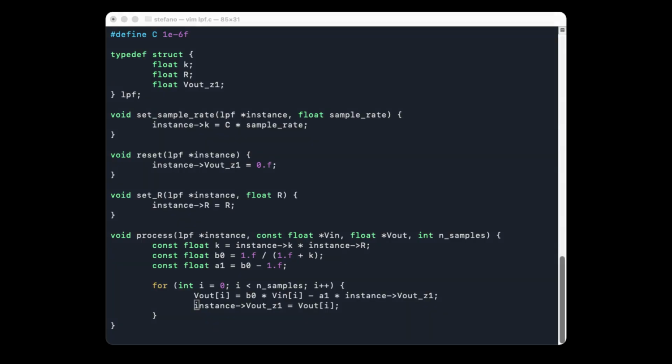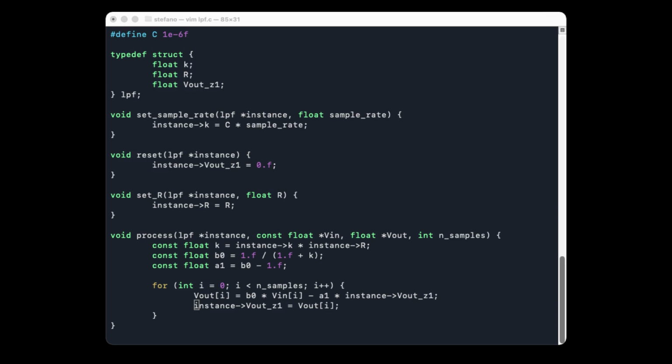And this is what it could look like in actual code. So we have first a definition of the capacitance value C. I have just chosen 1 microfarad, so 10 to the minus 6. And then there is a structure that contains everything that's needed for an instance of this low-pass filter.